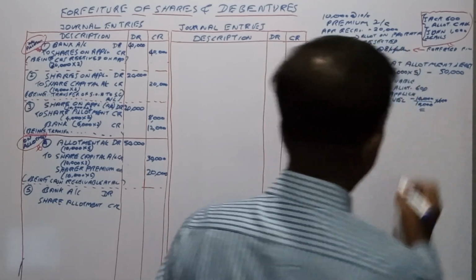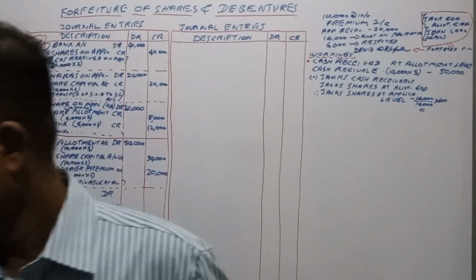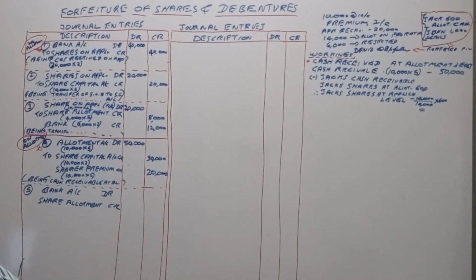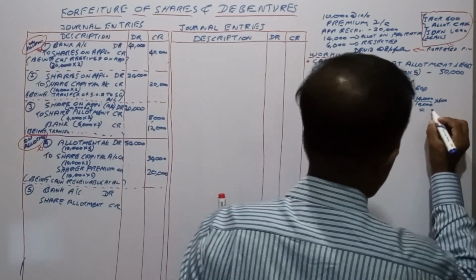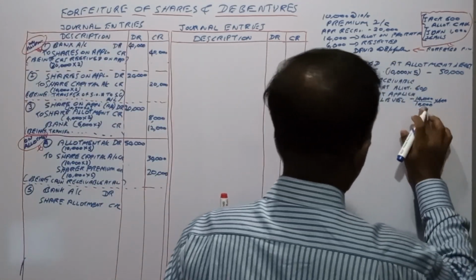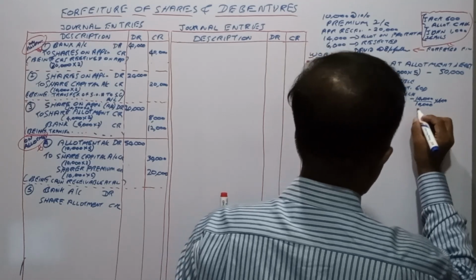That is 14,000 divided by 10,000 into 600. Then 840 shares.